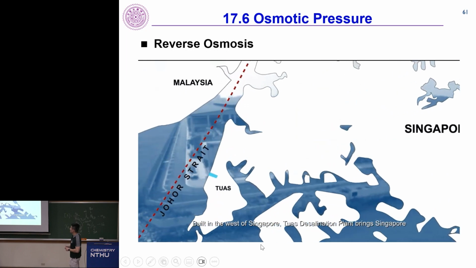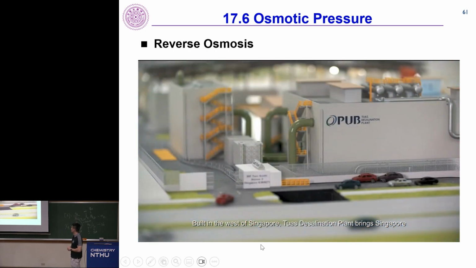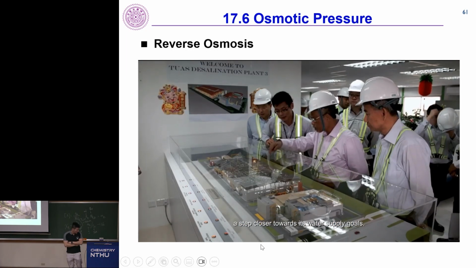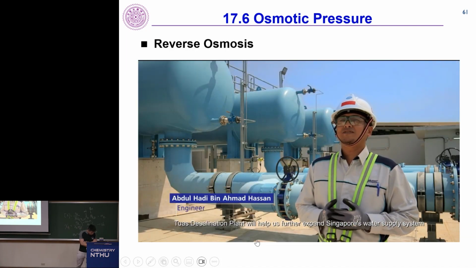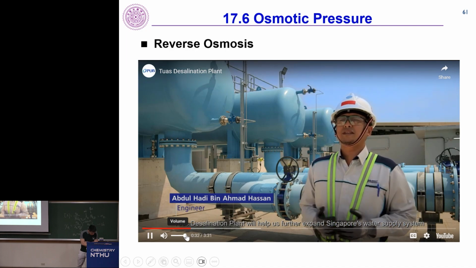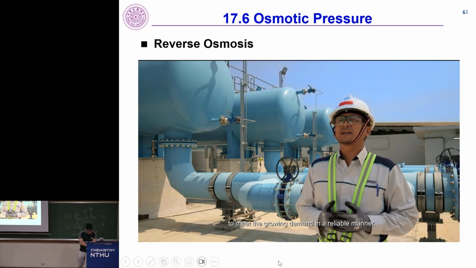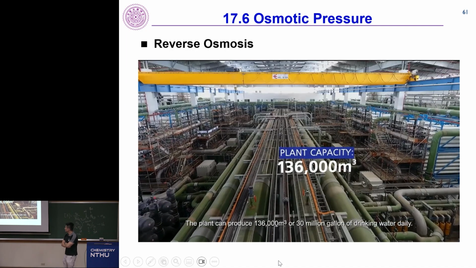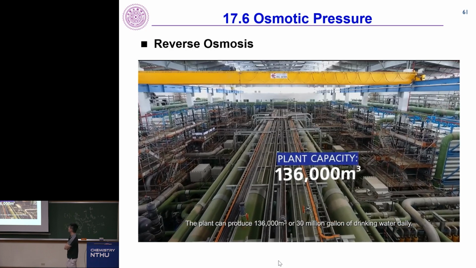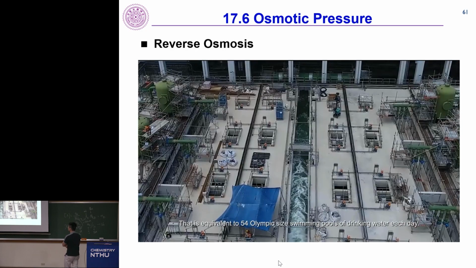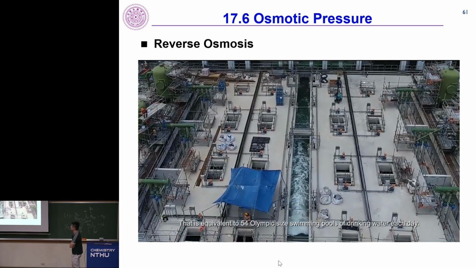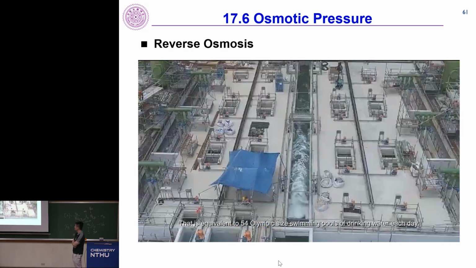Built in the west of Singapore, Tuas Desalination Plant brings Singapore a step closer towards its water supply goals. Tuas Desalination Plant will help us further expand Singapore's water supply system to meet the growing demand in a reliable manner. The plant can produce 136,000 cubic meters or 30 million gallons of drinking water daily. That is equivalent to 54 Olympic-sized swimming pools of drinking water each day.